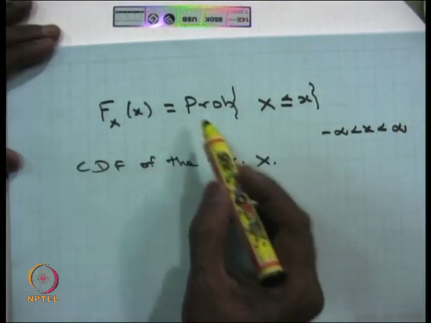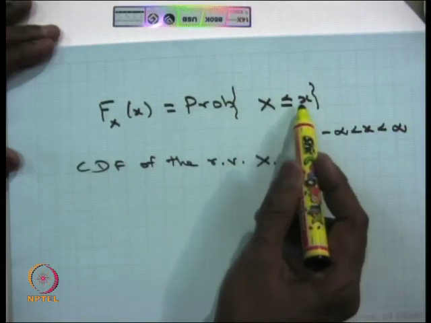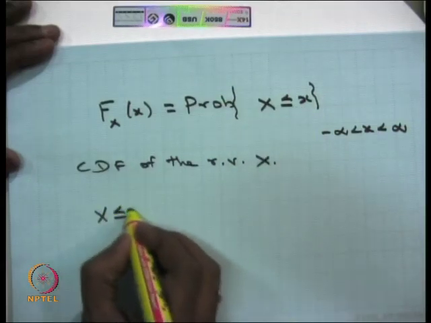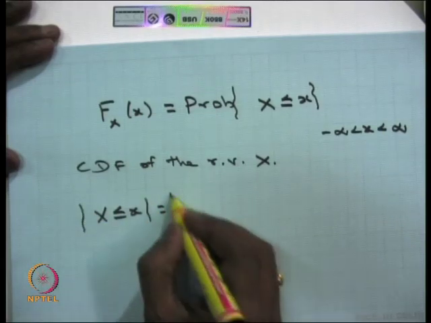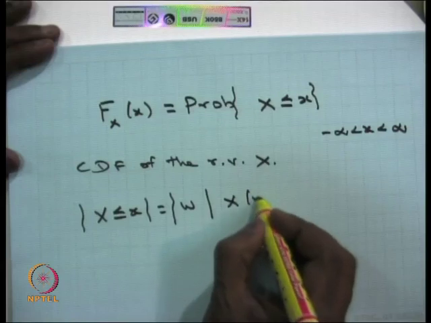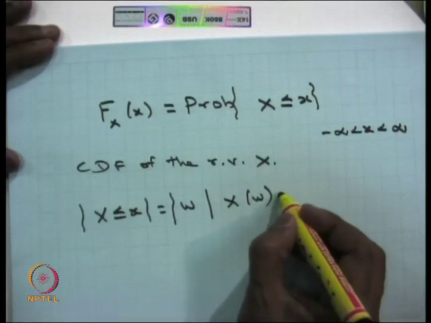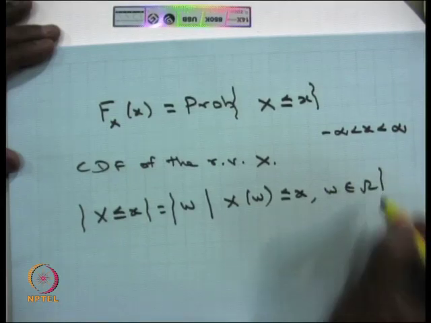The way I relate this, the probability of X less than or equal to x is nothing but: you collect the possible outcomes w such that under the mapping X, X of w gives a value less than or equal to x, for all w belonging to omega.